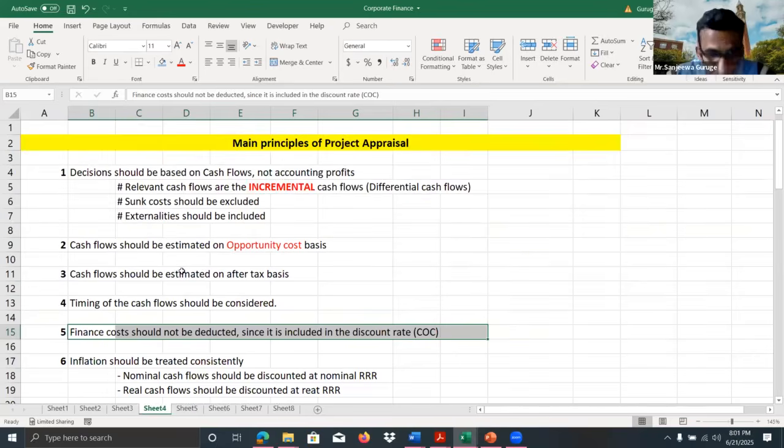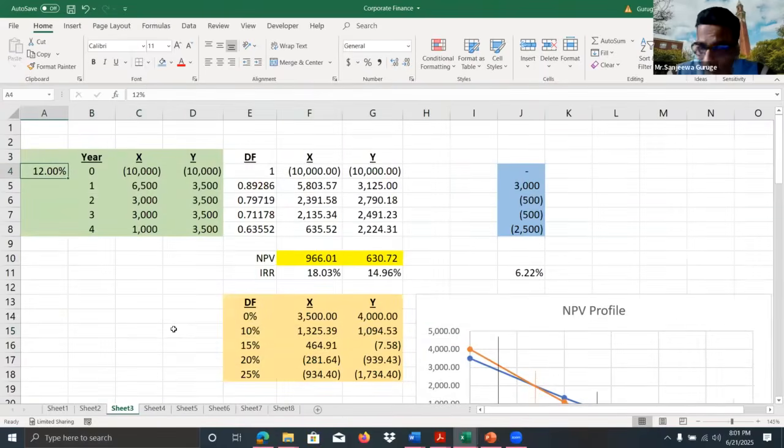Another important principle is related to inflation, because we know inflation is a factor that can make a significant impact on this analysis. Inflation can affect the cash flows. Inflation can affect the discount rate, right? When we estimate the cash flows, we can estimate them with inflation or without inflation.